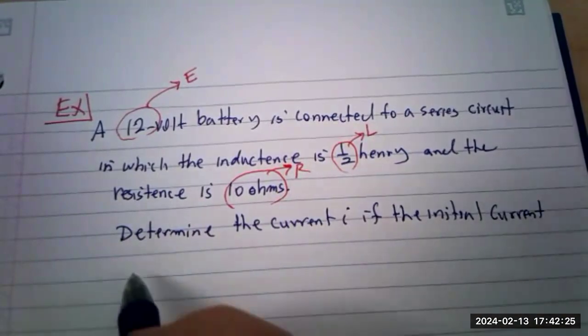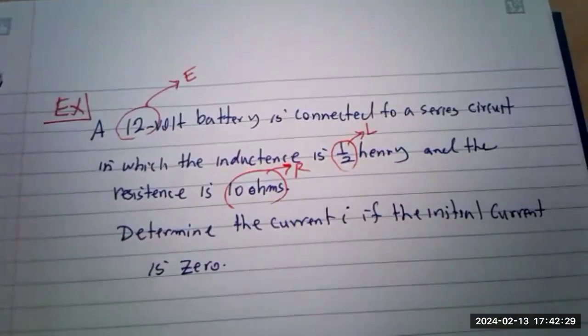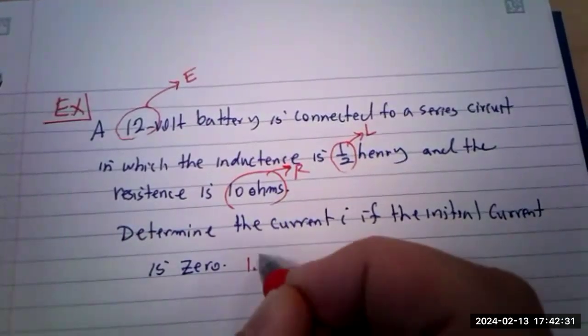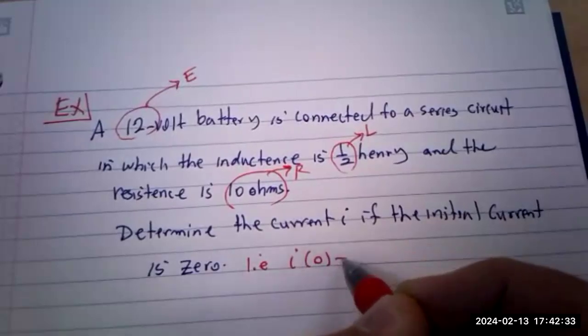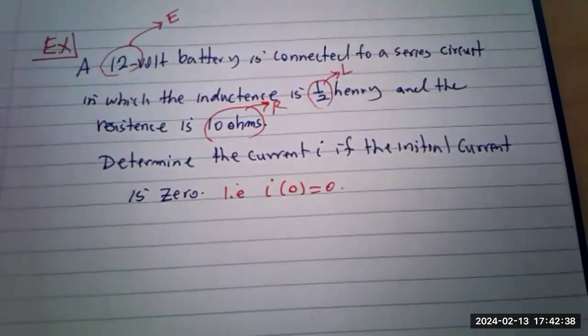Initial current is 0. So this means I of 0 is equal to 0. Okay, just know these expressions.